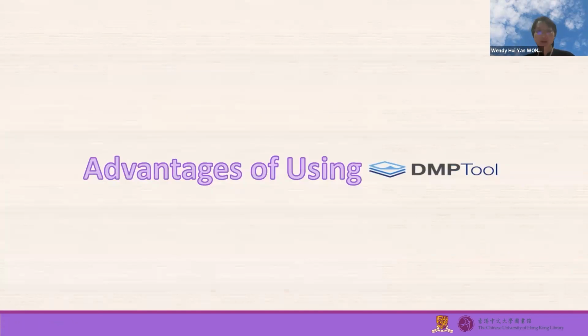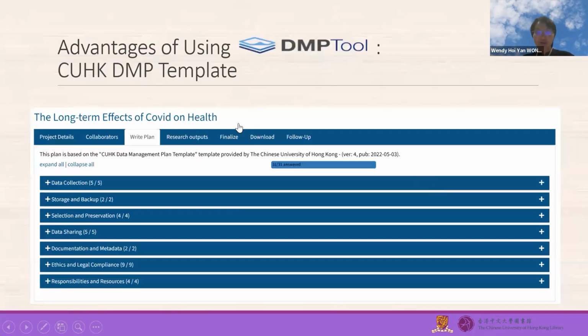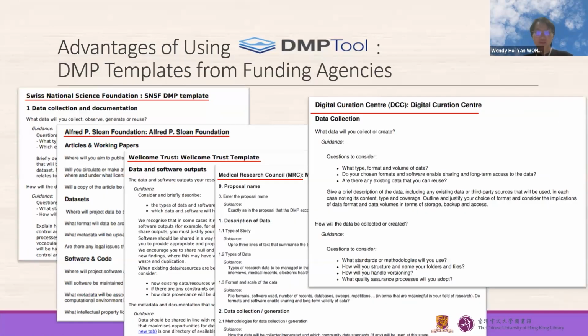While you are logging in, I can further tell you what the advantages of using DMPTool are. On DMPTool, this is the only way that you can find the full document of the CHK DMP template, because the full document is only available here. So you are advised to use the DMPTool platform to write your data management plan.